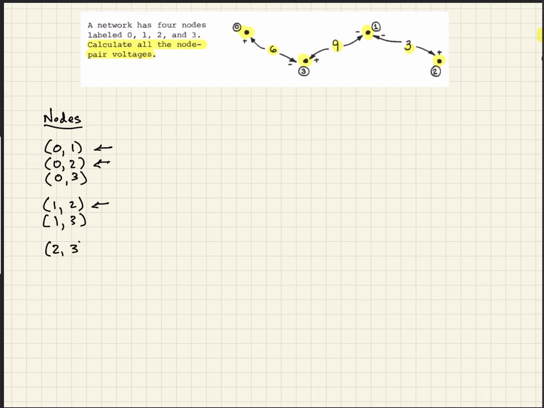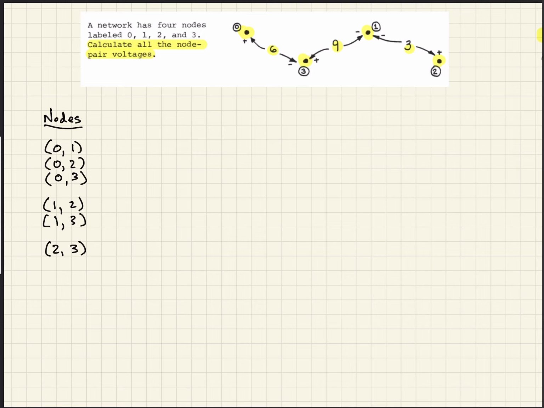So we're left with 3. And then that leaves node 3. Well, node 3 has already been taken care of with 0, 1, and 2. So these are our node pairs that we will need to look at. And so let's do some calculating and see if we can find the relationship between these.